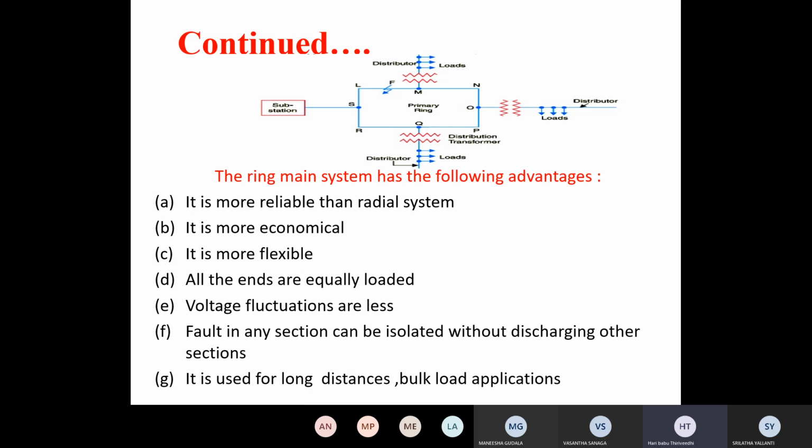In the radial system, the far end load is heavily loaded and near the substation it is lightly loaded. But in the ring main system, the ends of the M distributor, the O distributor and the Q distributor are all equally loaded. There are no voltage variations. Equal load means voltage fluctuations are less.